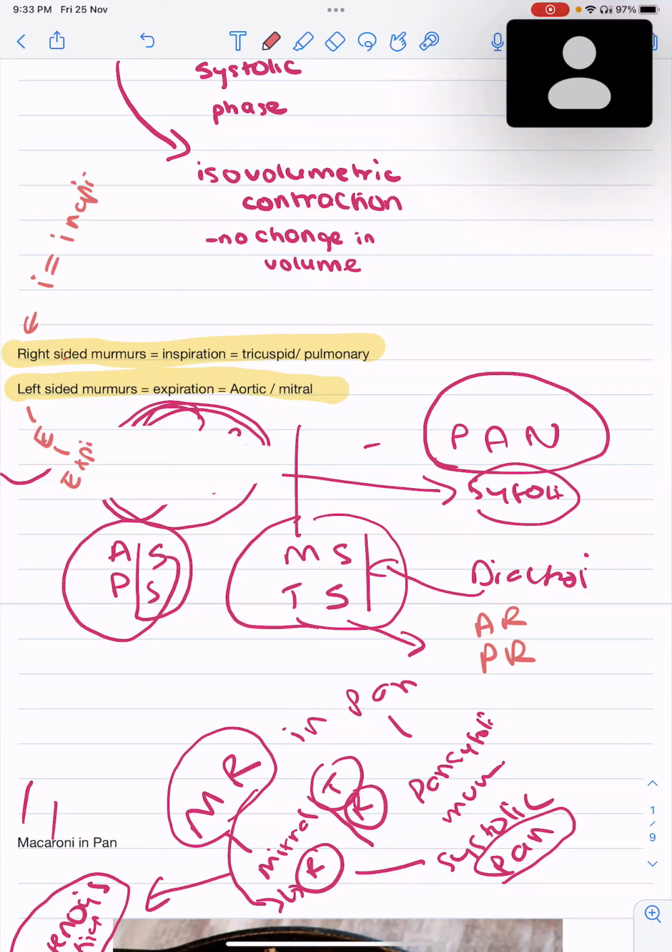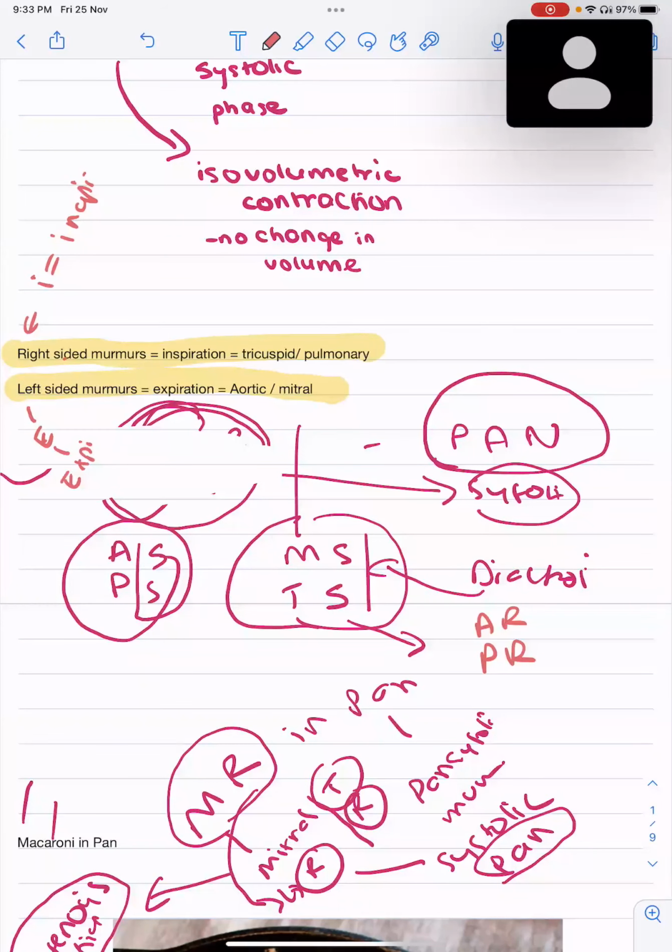Similarly, left-sided murmurs are going to sound louder when the person is expiring. So this is how you're going to say it. When I say there is a pansystolic murmur increasing on inspiration, automatically you will say tricuspid regurgitation, right? Because pansystolic murmur, tricuspid regurgitation.